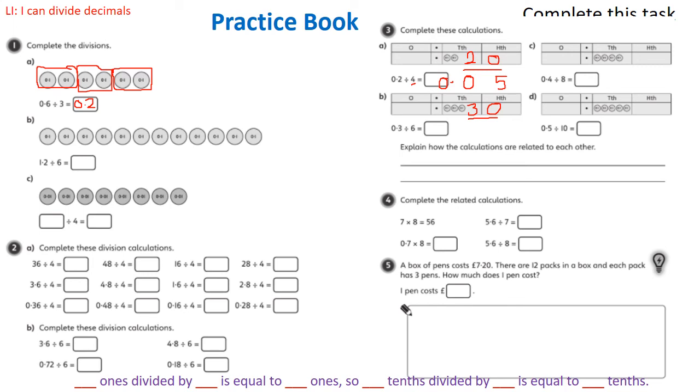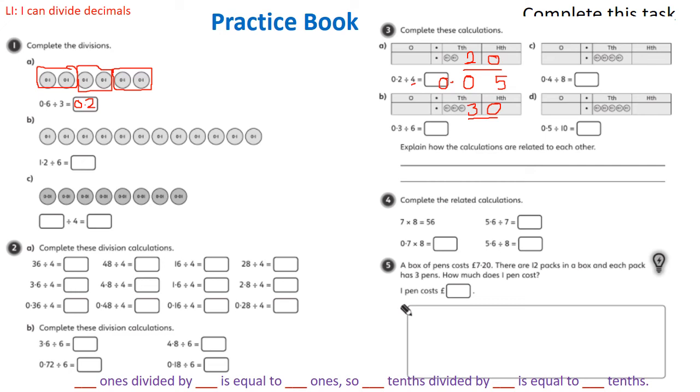Again, I can now use my stem sentence. 30 ones divided by 6 is equal to 5 ones. So 30 hundredths divided by 6 is equal to 5 hundredths.